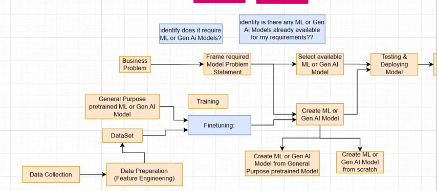So first we need to collect our data and perform this feature engineering. Then, after making our data suitable for training, only then do we pass that data set to our model for training.